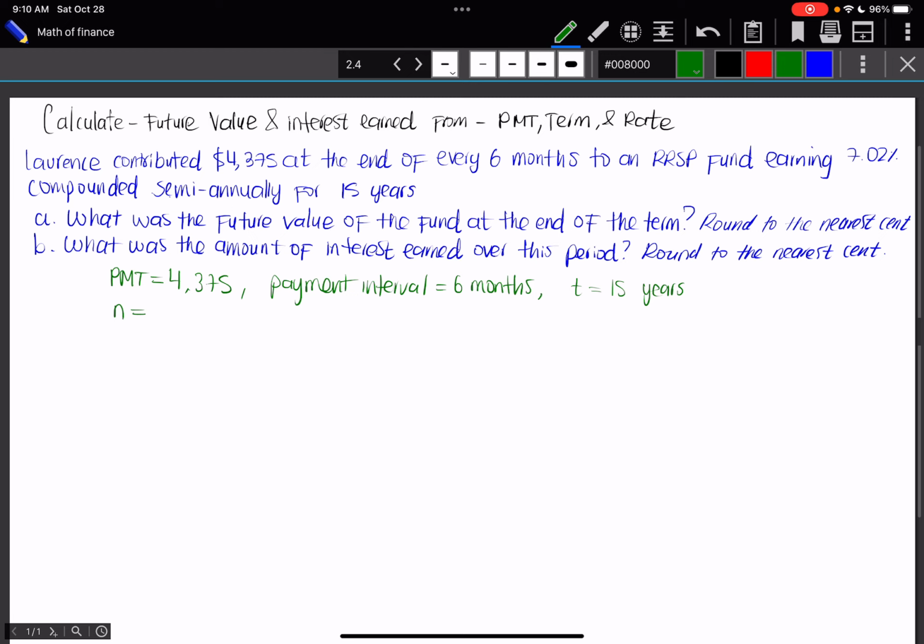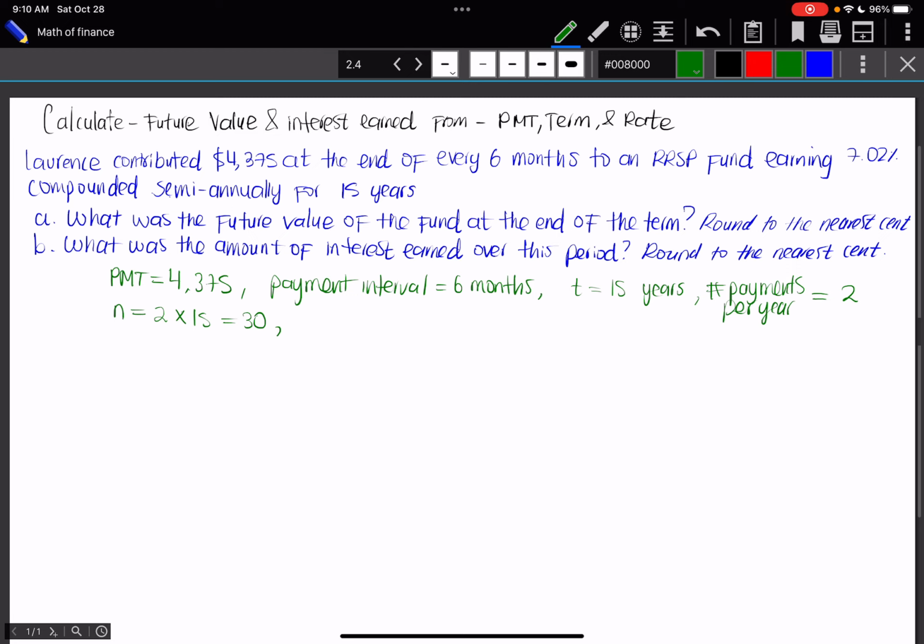Because payments are made every 6 months, we have 2 payments per year. And then we multiply that by 15, we get 30. So Lawrence made 30 payments in total in a time span of 15 years. So here we have the number of payments per year is 2.